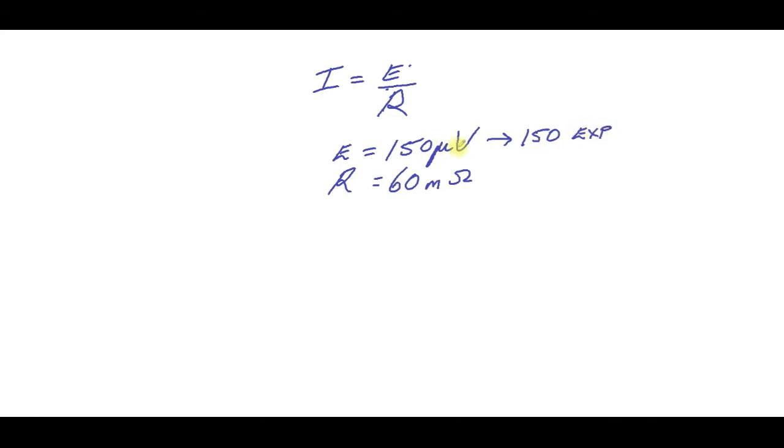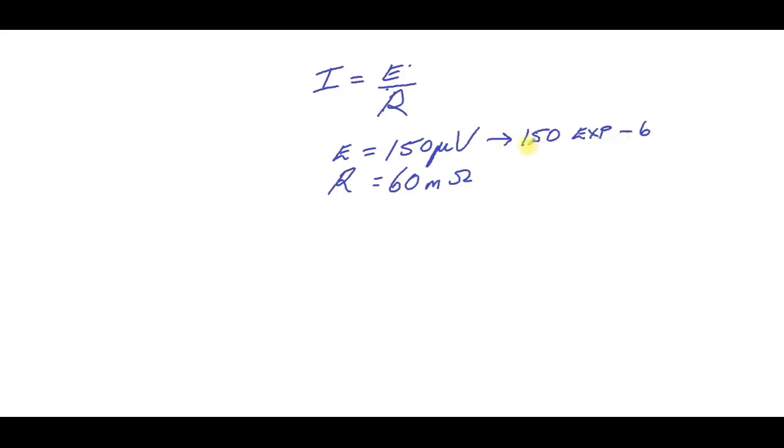So the way we put 150 microvolts into the calculator is 150 exponent minus 6. And that key, the minus key there, is the one in the brackets, not the subtraction key. So that is exactly how we would put it into the calculator. 150 microvolts, we would enter it as 150 exponent minus 6.